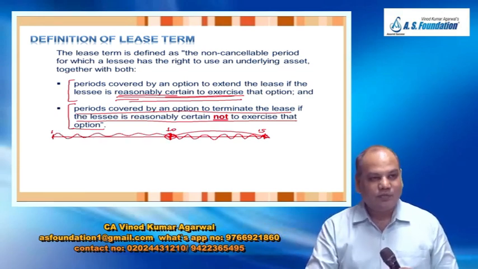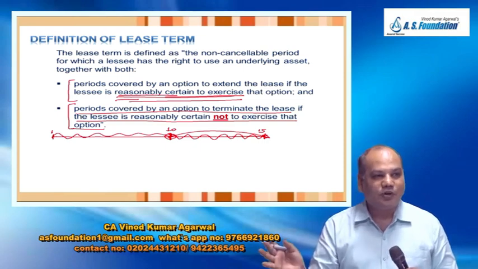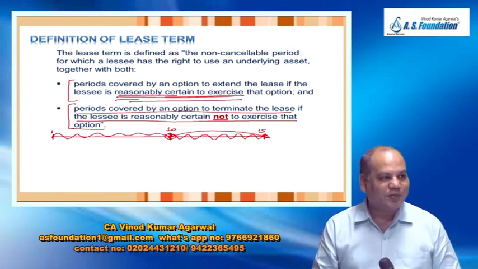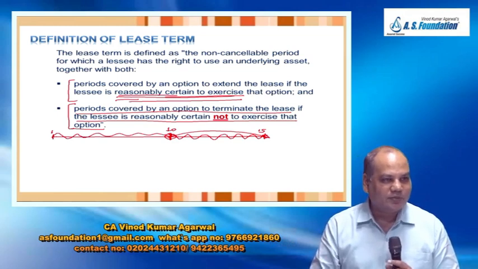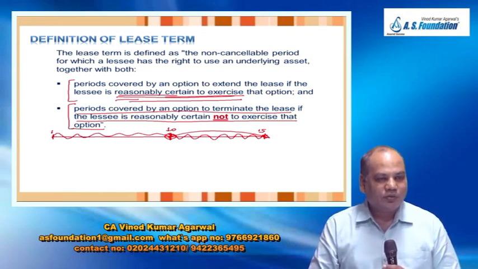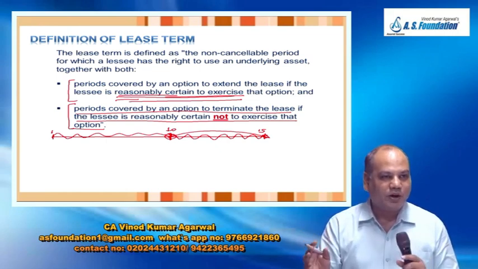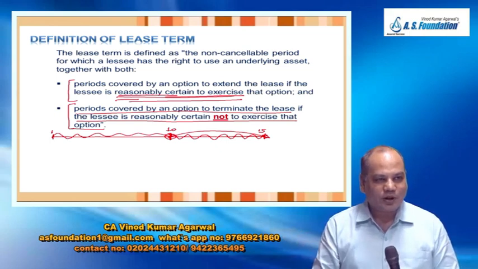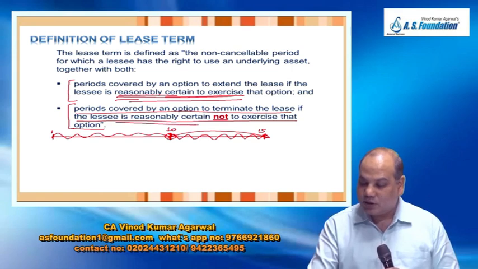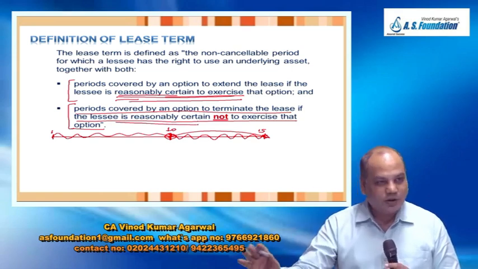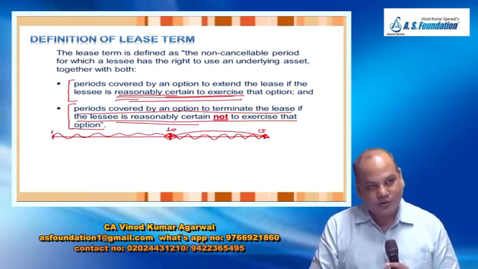It will become very difficult for the lessor to get another customer after 10 years for the same asset. So therefore they may put a termination clause. You can terminate, but there is a huge penalty, and we know that this termination option will not be exercised. If we are reasonably certain, then take 15 years, as this option will not be exercised.